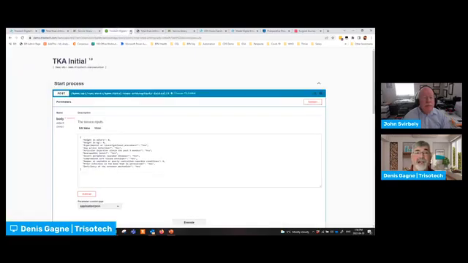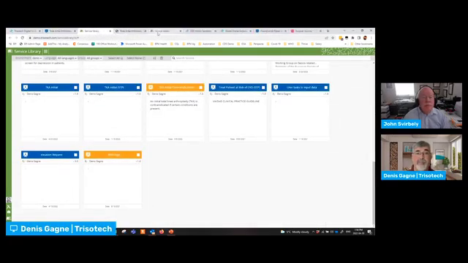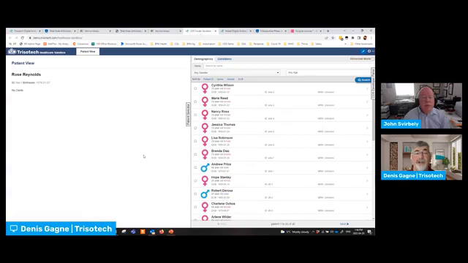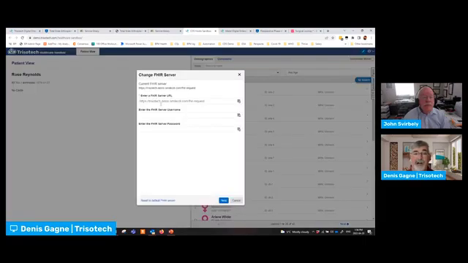So to show this in action, let me go here where we have a demo rig, which is basically a mock-up of an EHR EMR. You can see my patient navigator here. This is actually running on our Trisotech SmileCDR server.